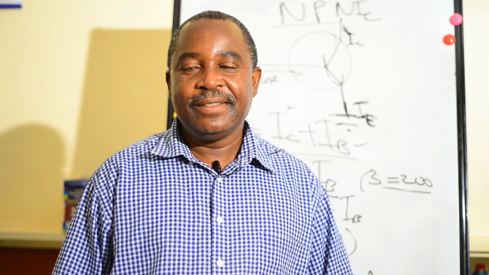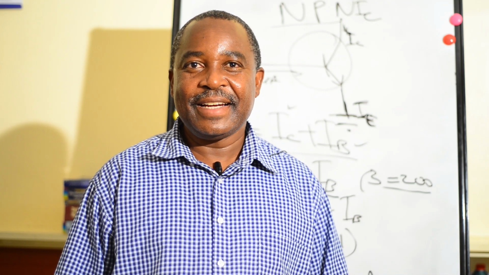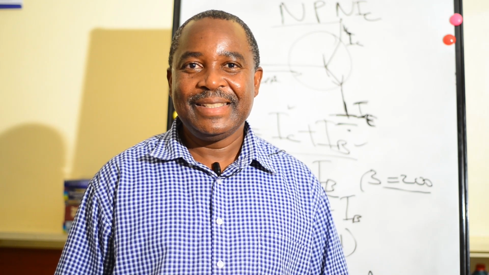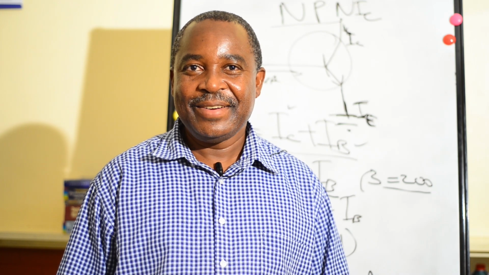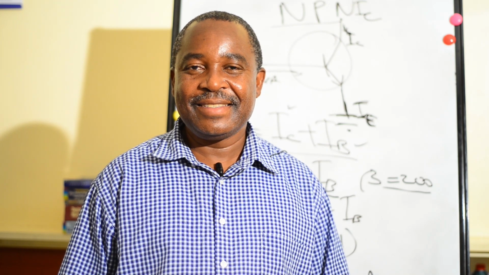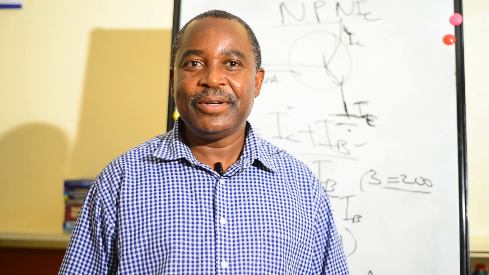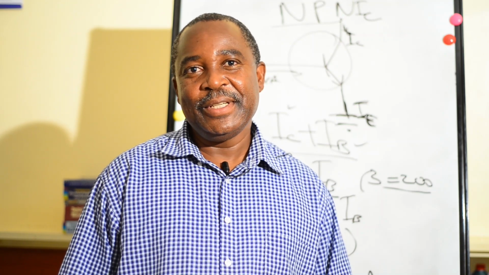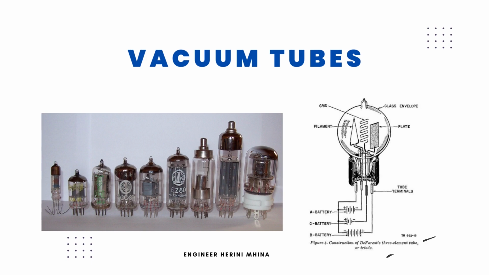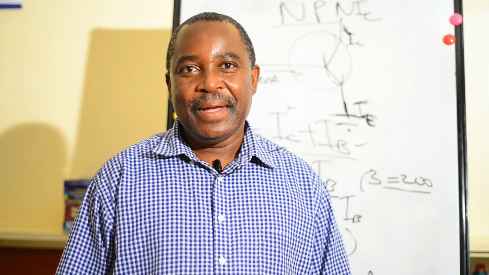Thank you for watching lesson 3 of Electronics Class Tanzania. We have seen a recap of lesson 2, and in lesson 3 we learned about transistors. We have seen transistors are very useful in electronics and have brought a lot of changes, because before we were using vacuum tubes, but now the transistor is light, rugged, and small.